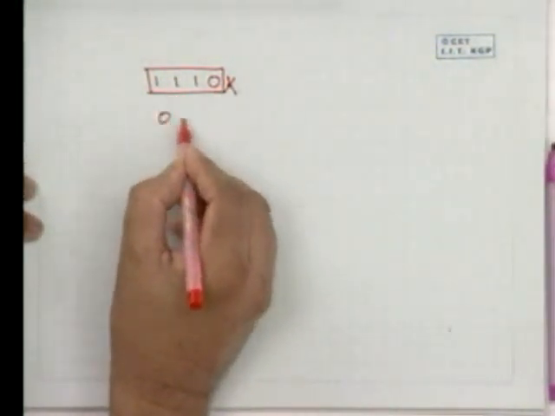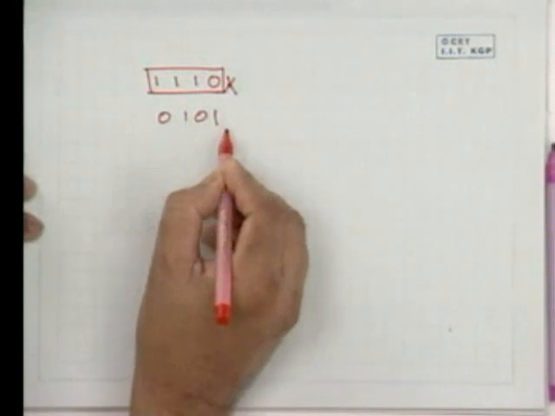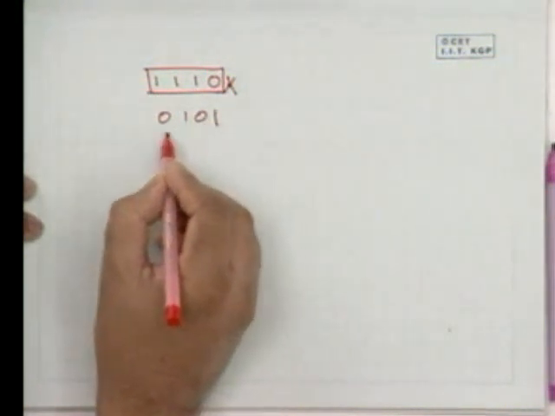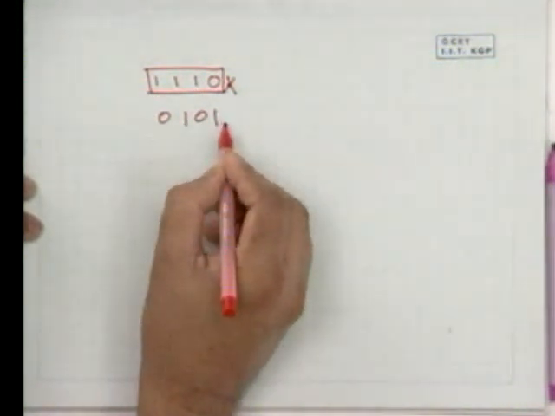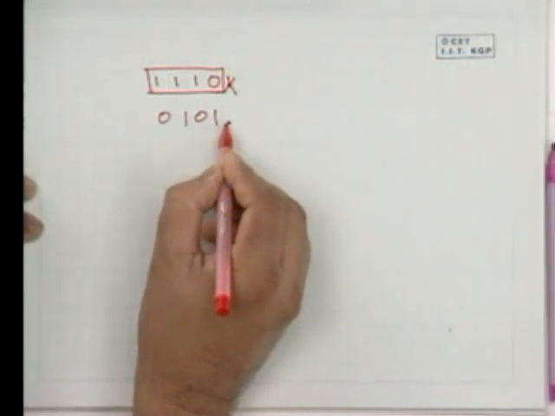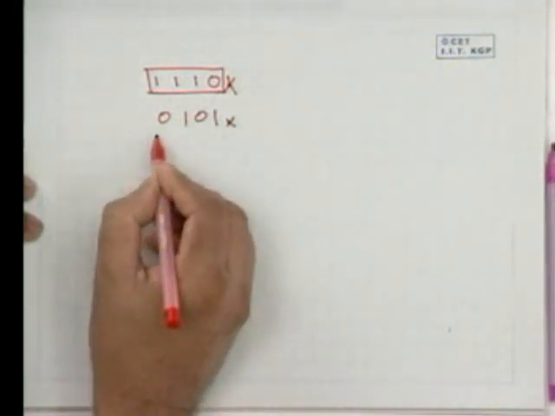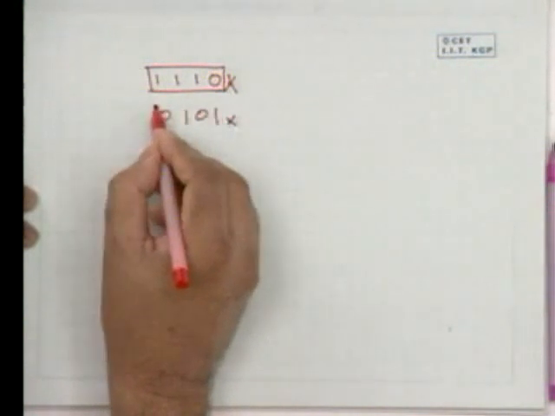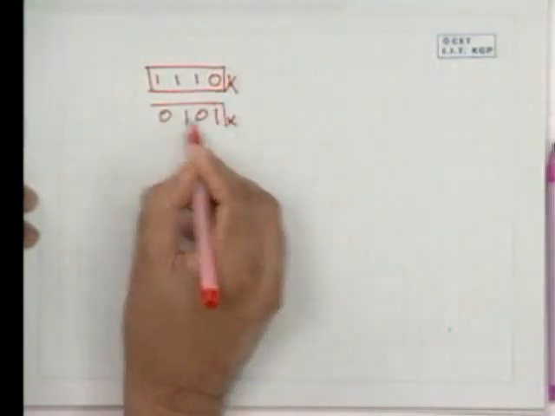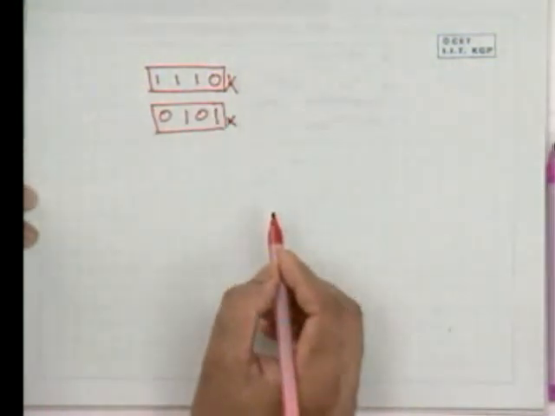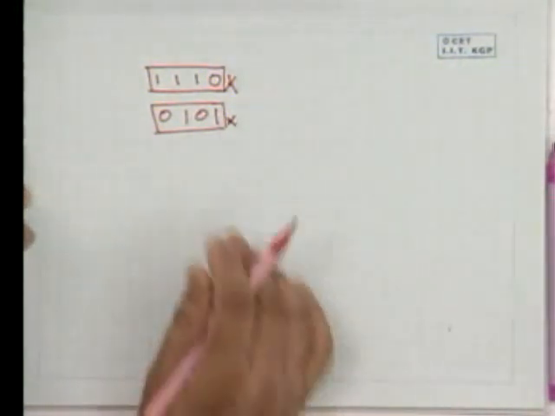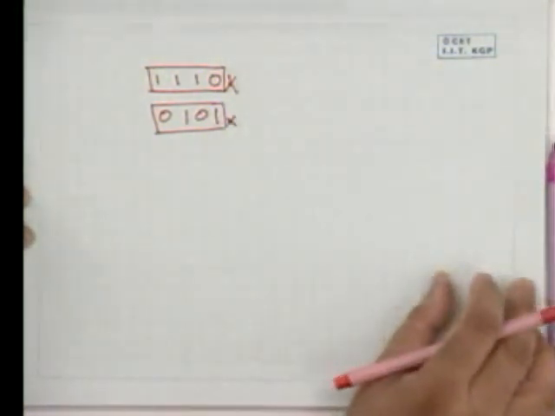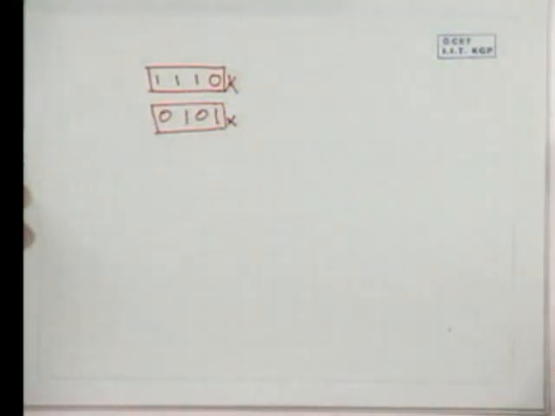Similarly, a positive number, say 0101, is fixed point in the sense that we assume the binary point is at the right hand side of the least significant bit, which we do not consider. Now, this we use to represent integers. What we should do to represent floating point numbers will come to in the next portion of our lecture.